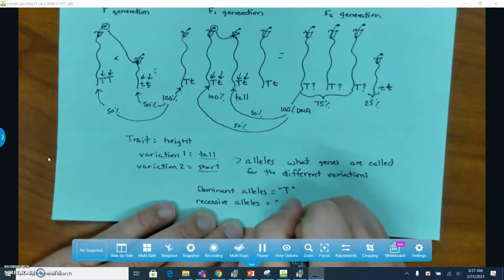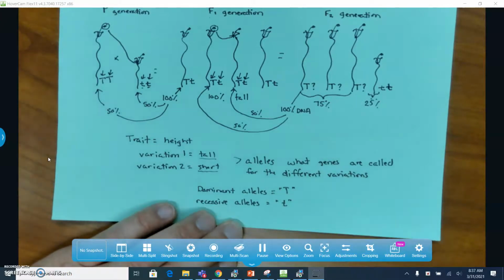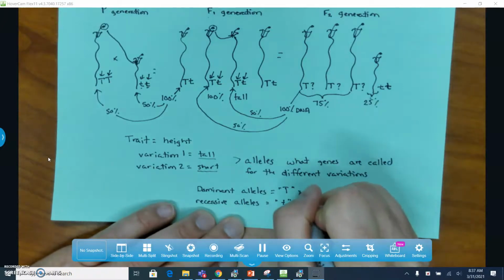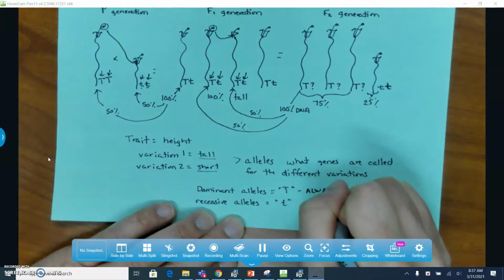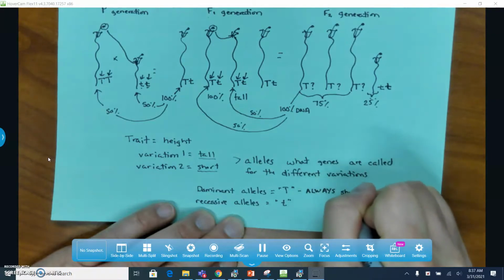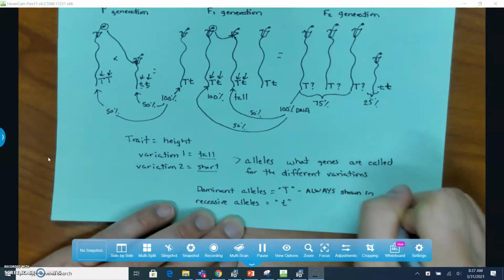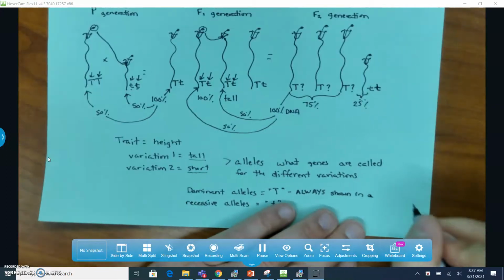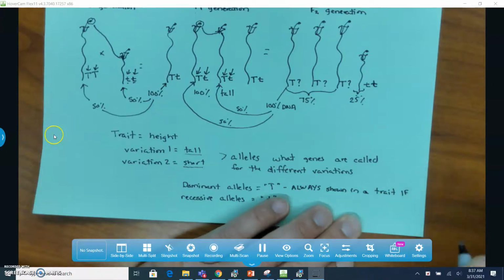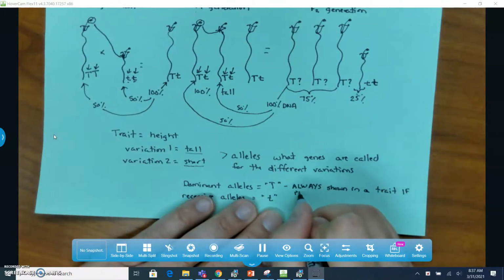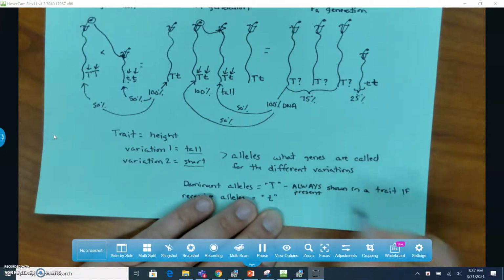Recessive alleles use a lowercase letter. Dominant alleles are always shown in a trait if a dominant allele is present.